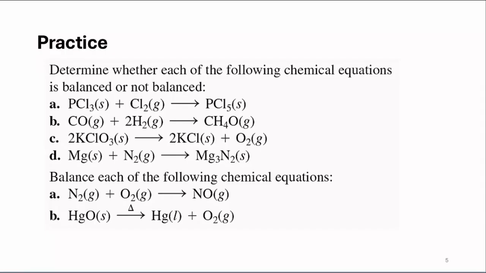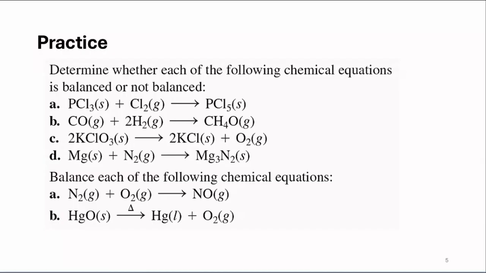So for example, I'm going to do letter A, letter B, and letter C in the first problem, which the instructions read, determine whether each of the following chemical equations is balanced or not balanced.